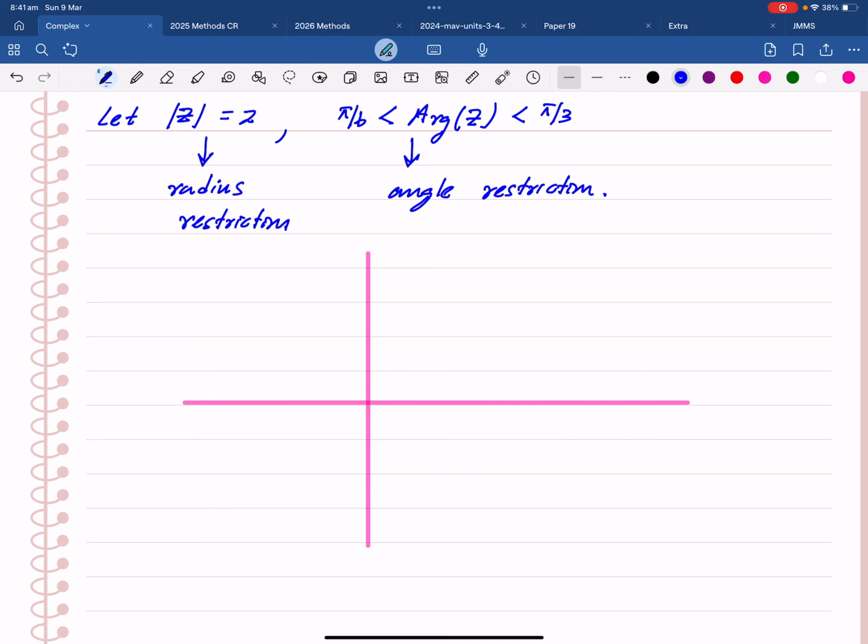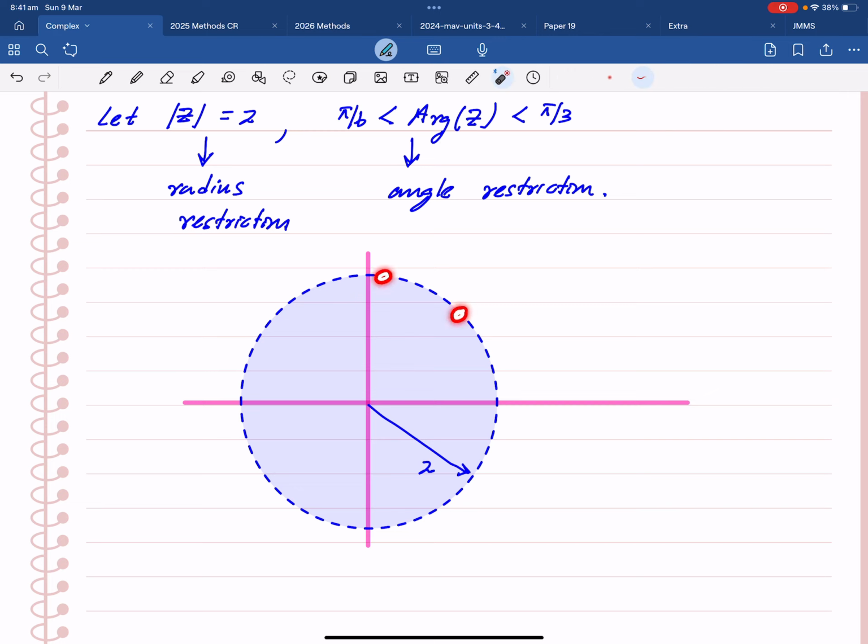So now if you want to draw this one, this is very easy. So you are going to draw that. So your radius is going to be 2 in this case. Now that restriction is there, so that means you are expecting all your z values on this circle, right, according to this one. Now we will impose this one. So if you impose this one, this is angle, right, theta, between this.